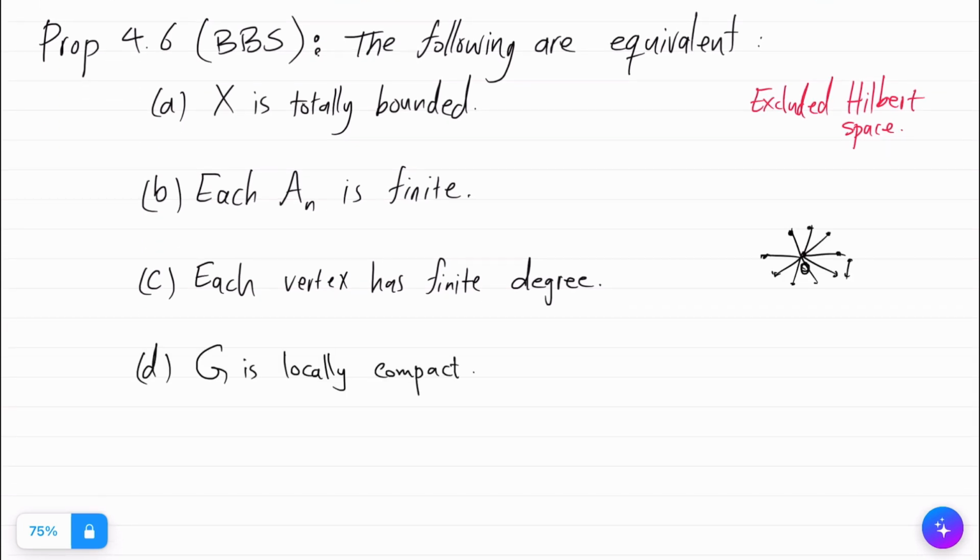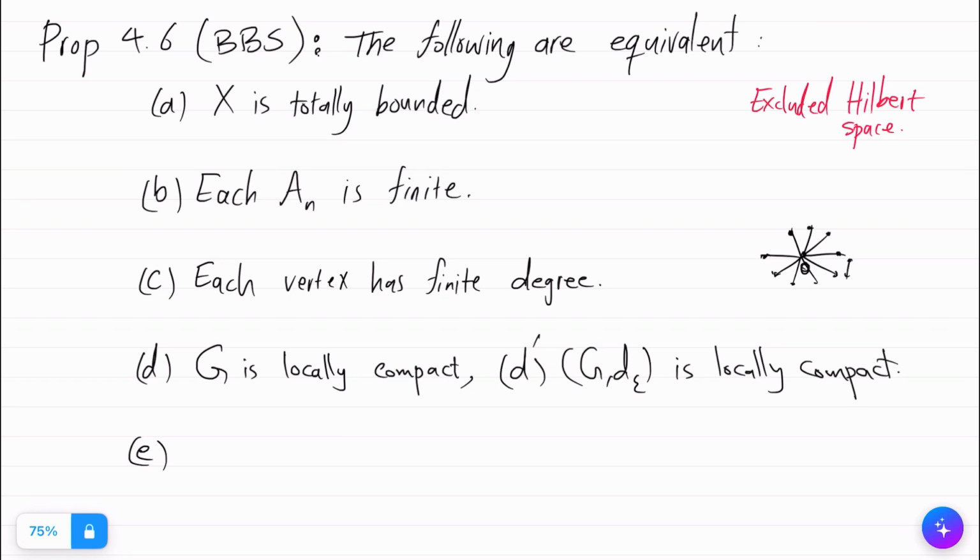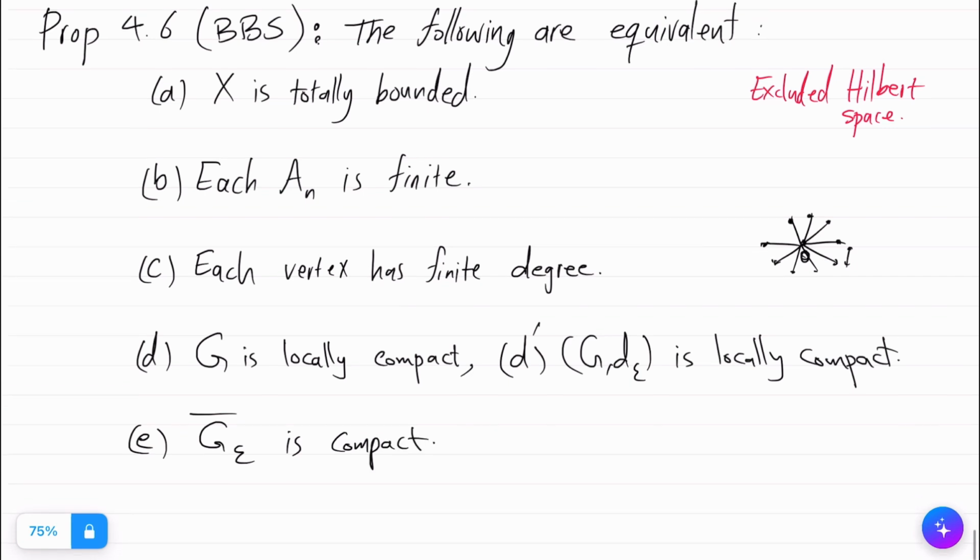Condition D: the graph G, with the d_epsilon metric, is locally compact. So all of these are equivalent to one another. Part E: the closure of G_epsilon is compact.